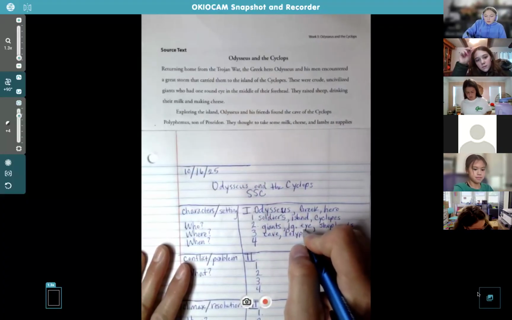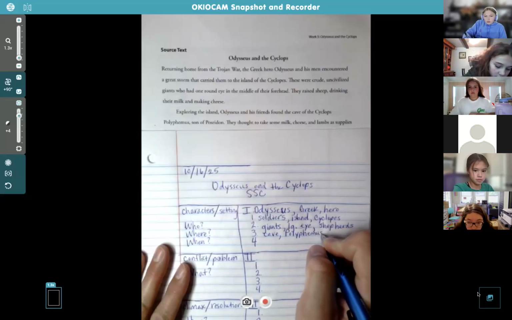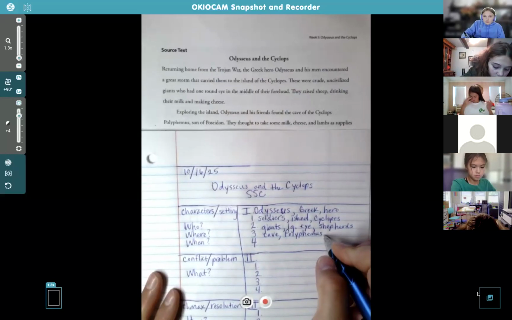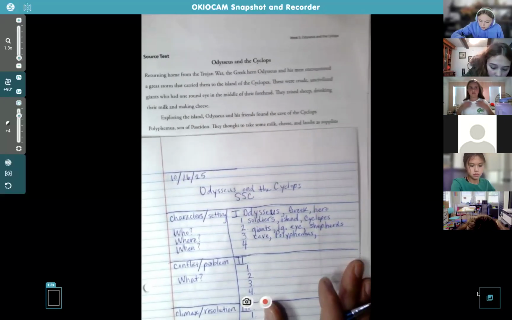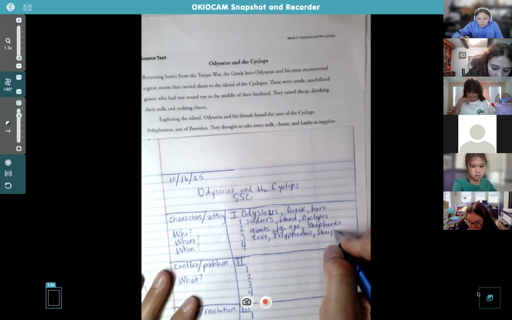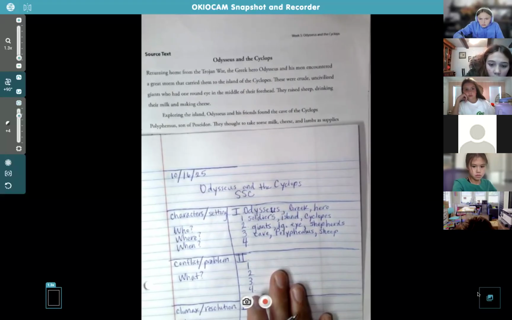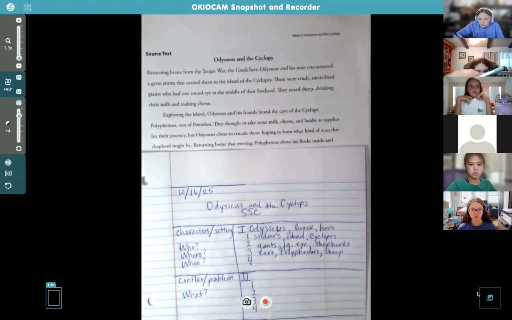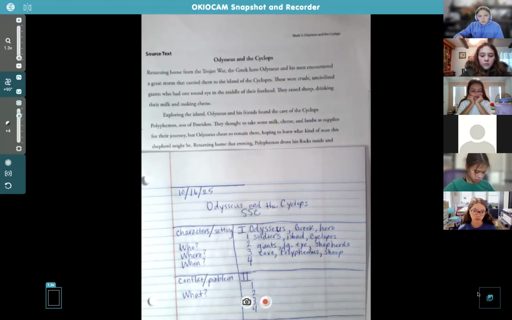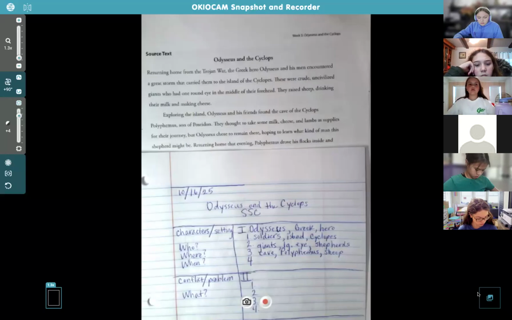It's a weird name. It's a Greek word. That's why it's weird. Polyphemus. And he's in this cave with his sheep, right? He's got his sheep in his cave here. And it says that they went inside, so Odysseus goes inside the cave with his men now.